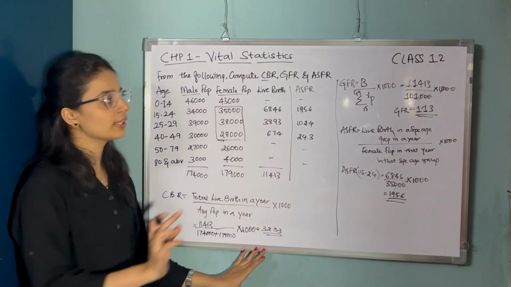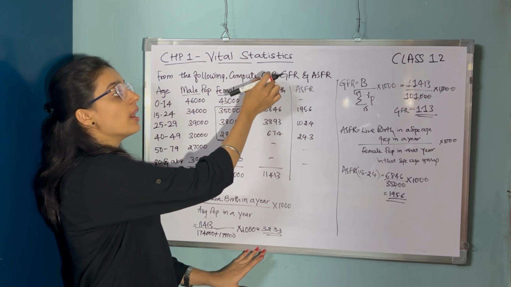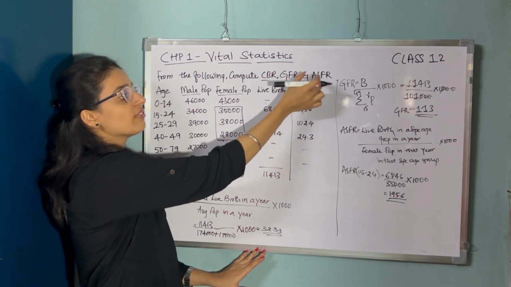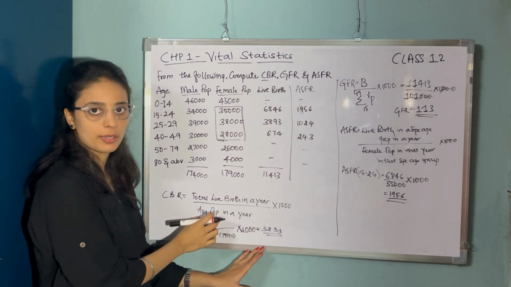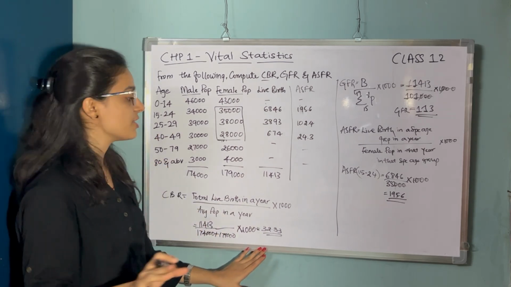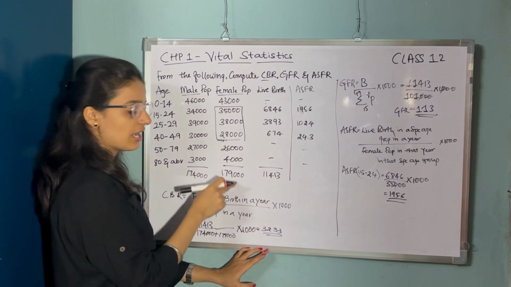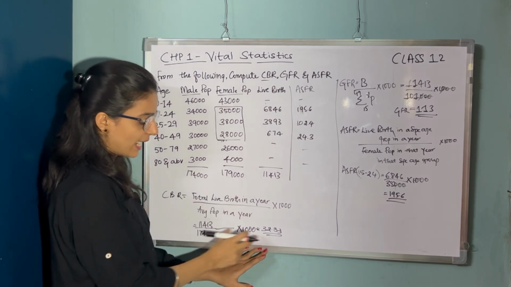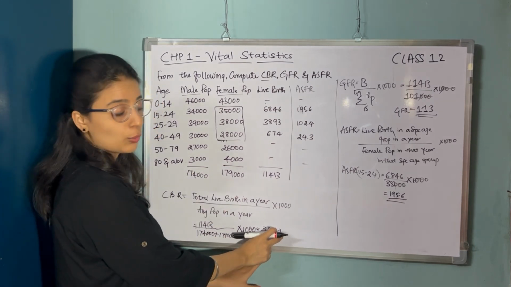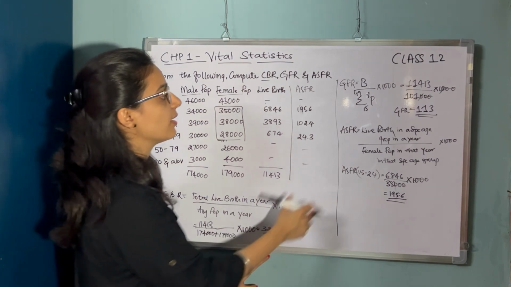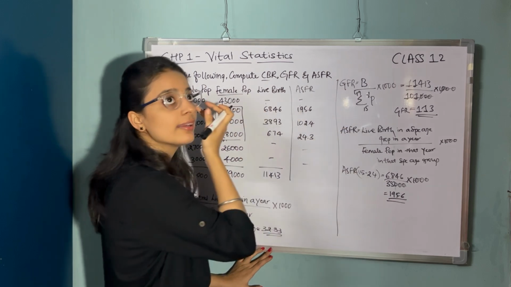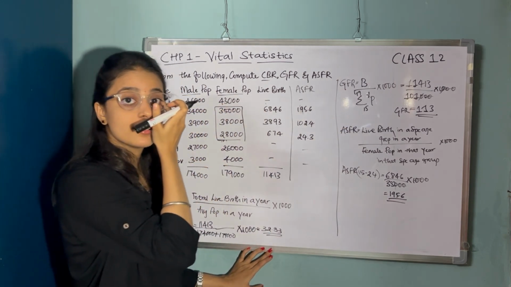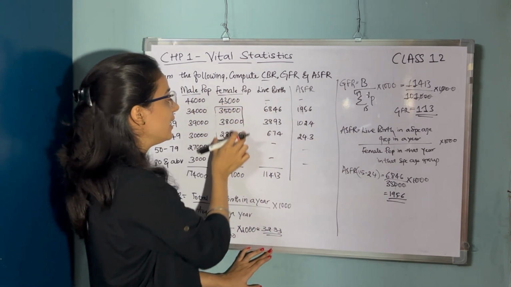What did we do? The question was to solve CBR, GFR and ASFR. CBR is total live birth by average population. There is no differentiation between male and female, so we added up both and found the crude birth rate is 32.33. Whereas GFR is the general fertility rate, and here we only consider female population of childbearing age.